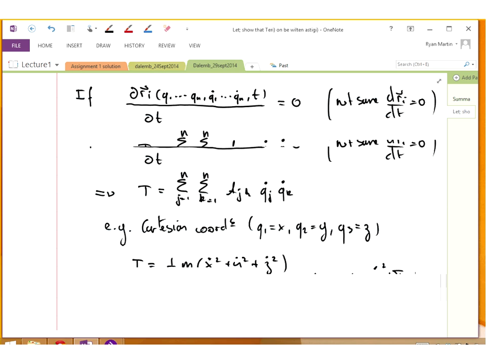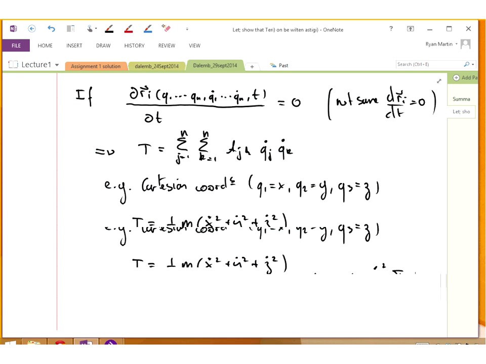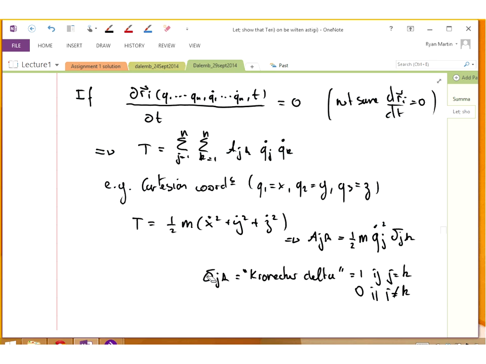And that's equal to 1 if j equals k, and 0 if j is not equal to k. I can make that delta look a little bit nicer.